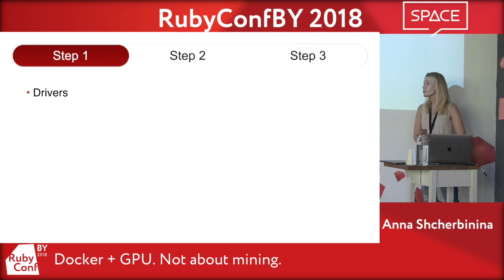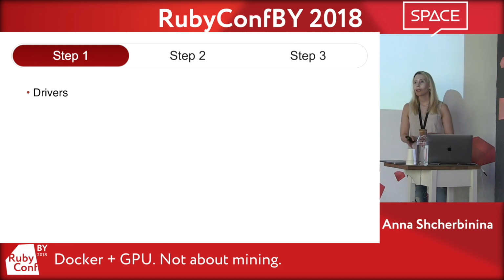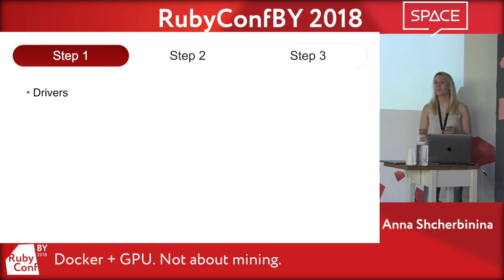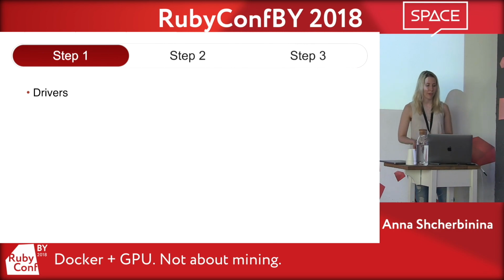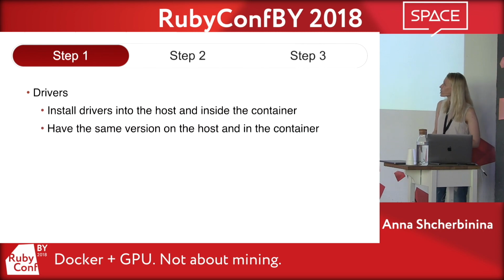Summarizing, to access the GPU from the Docker container, you need to take care of drivers first. You should install drivers on the host instance and into the container. It is vital to have the same version of the drivers on the host instance and inside the container. Otherwise, you may lose some of the API available. Secondly, you shouldn't forget about device nodes.